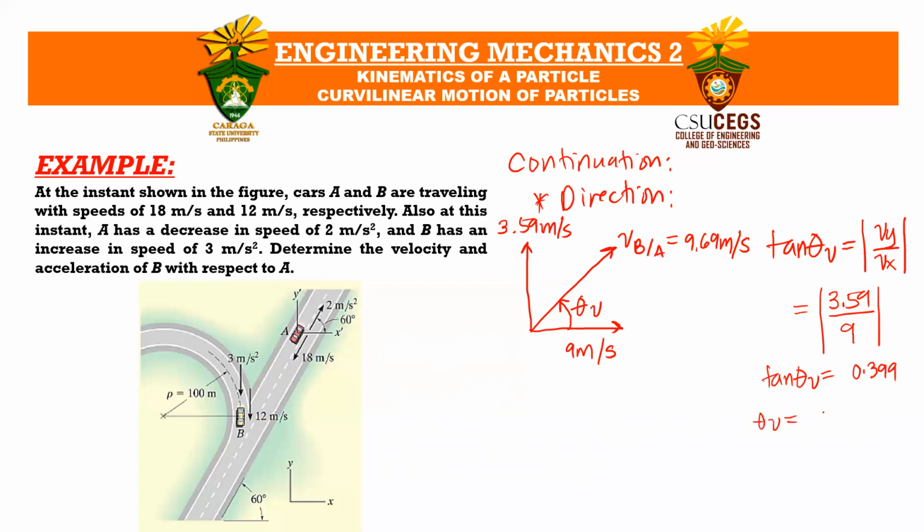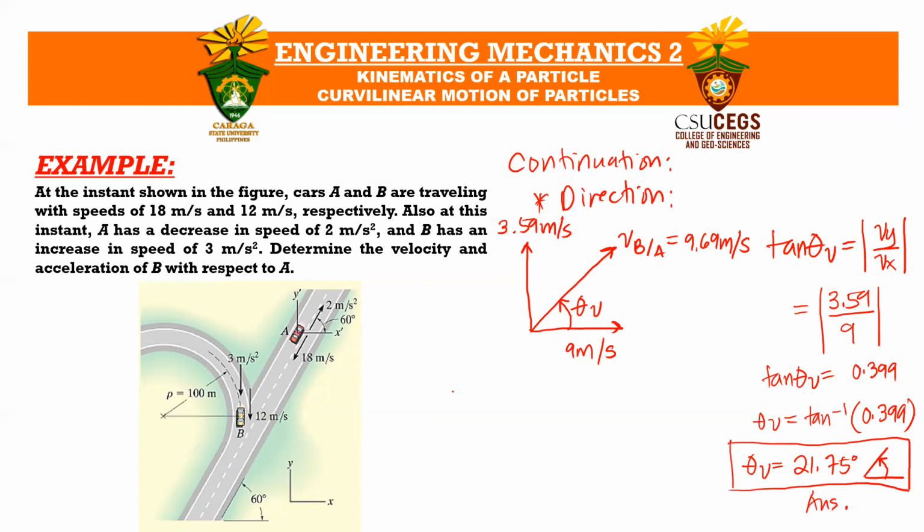And to determine the angle theta, you need to determine the inverse tan of 0.399, and the angle theta of your velocity, which will be the direction of your velocity of B with respect to A, would be equal to 21.75 degrees, which is counterclockwise. So this would be the direction of your velocity of B with respect to A.